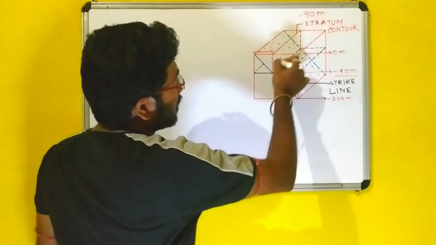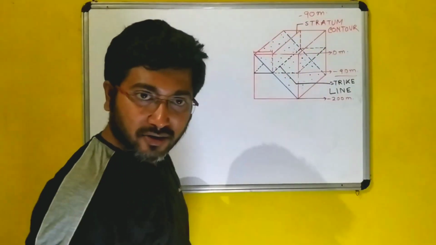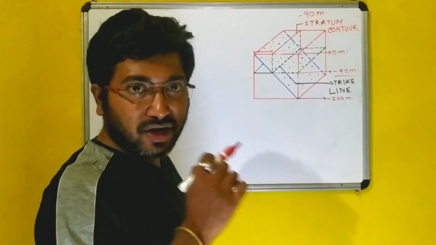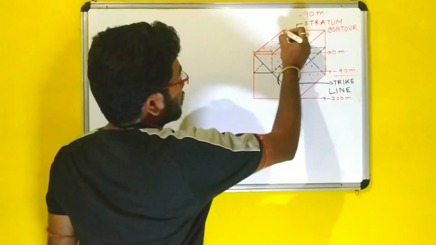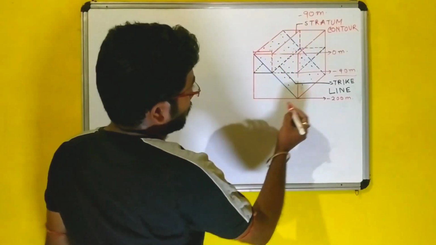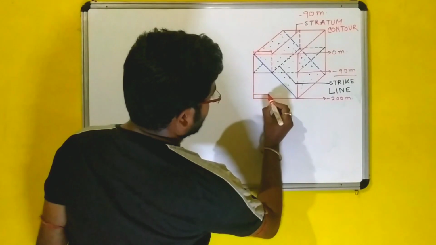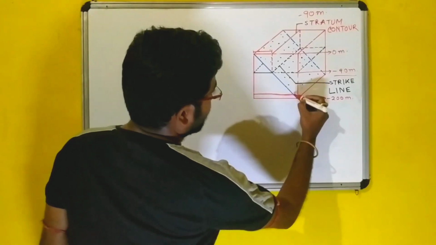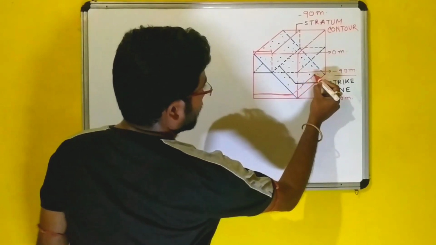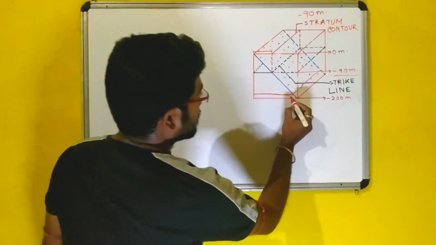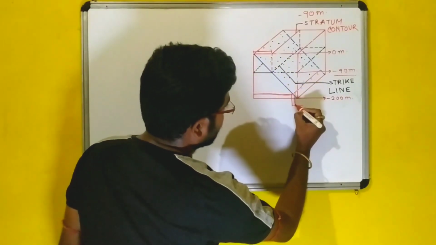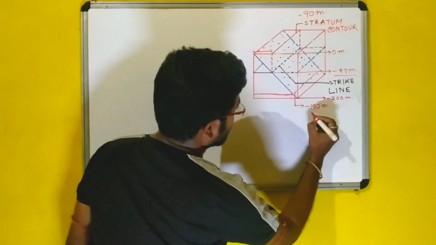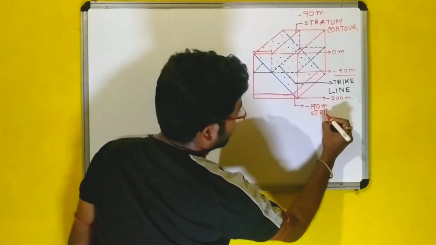So the orientation of the horizontal line on that inclined plane will maintain a constant direction, or they will maintain a parallelism. Means if we construct one plane on minus 190 meter horizontal plane, that will intersect this inclined plane along this line, so this line will be called minus 190 meter strike line.